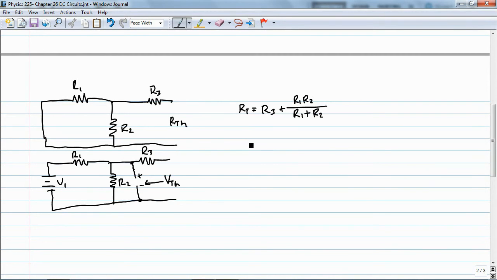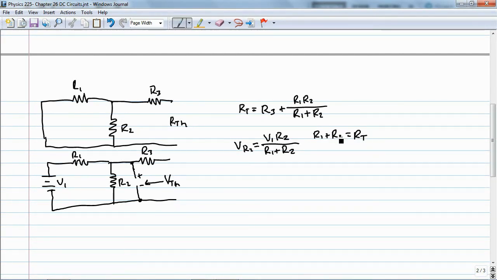Well, we had a nice little function for this. We said if I want to know the voltage across R2, and this is basically a series circuit now, then it was equal to V1 R2 over R1 plus R2, because that's just R1 plus R2.